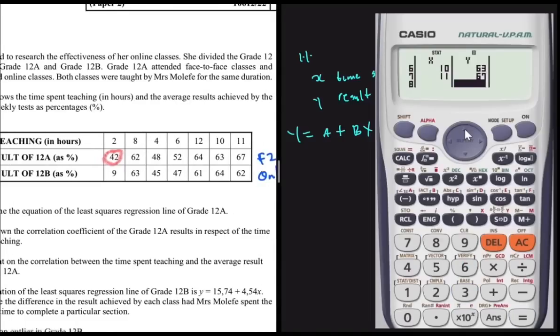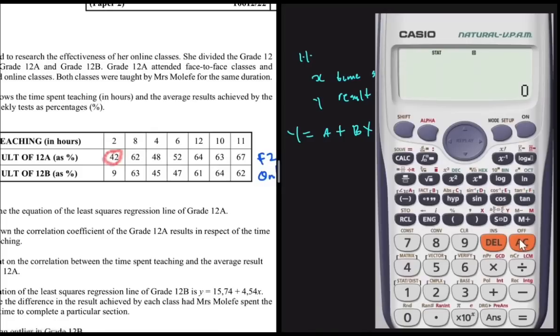That's it, we only have 7 data points. After you put in all your numbers, you press equals, and then you press AC, just like I'm doing right now. When you press AC, you come back to the menu where we started.